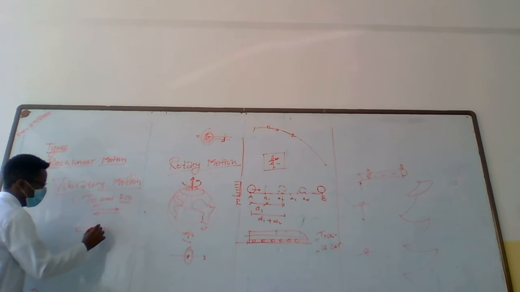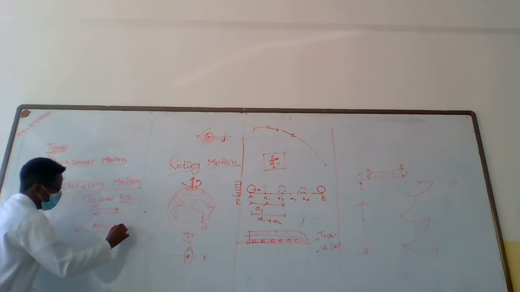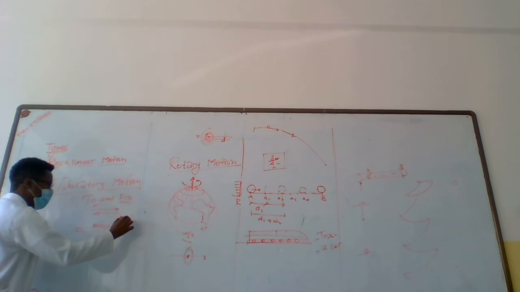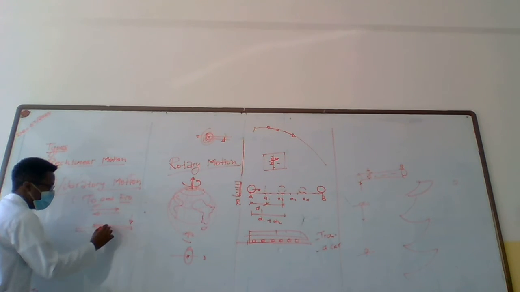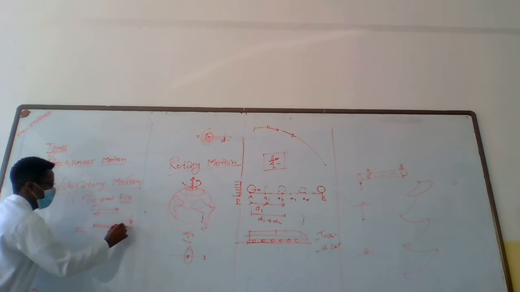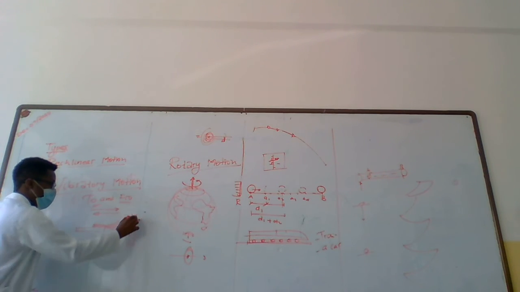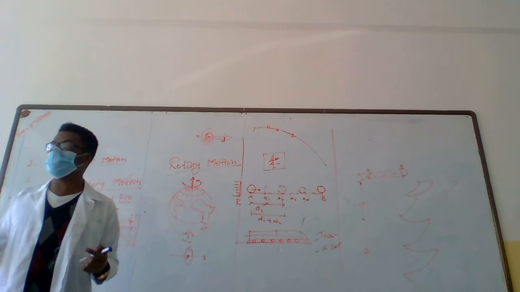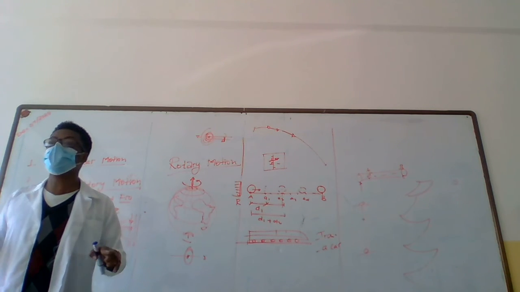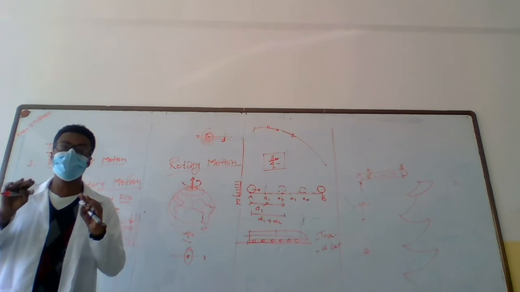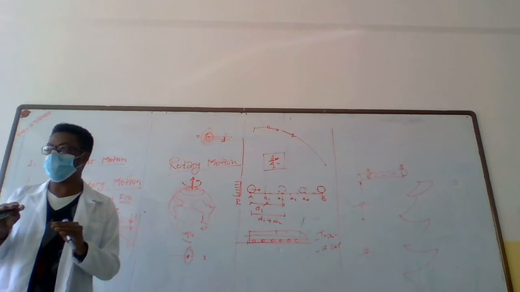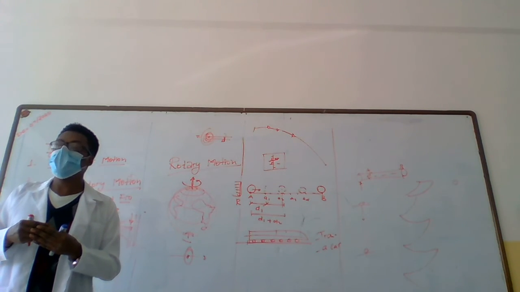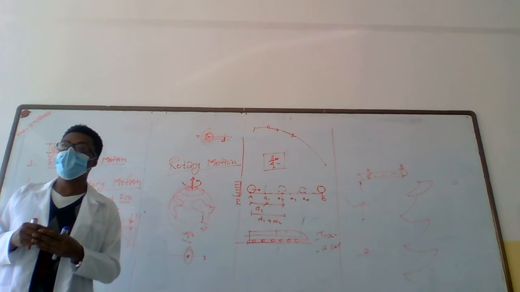If there is a table here, and if you have a ruler and you apply force, then it vibrates in this manner. So there is to and fro motion. I just need as many hands as possible. I need all of you to raise your hand because this is simple and basic. You have to know the 4 types of motion.